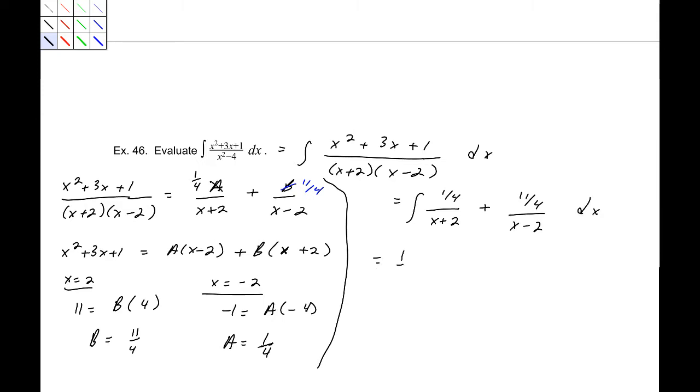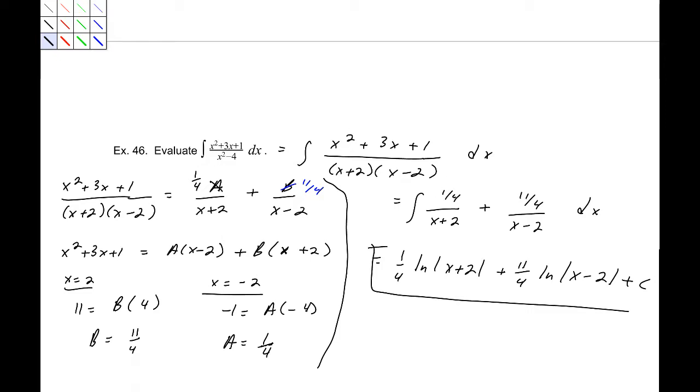And this will be 1/4 natural log absolute value of x plus 2 plus 11 over 4 natural log absolute value of x minus 2 plus c. Alright, moving on to number 47.